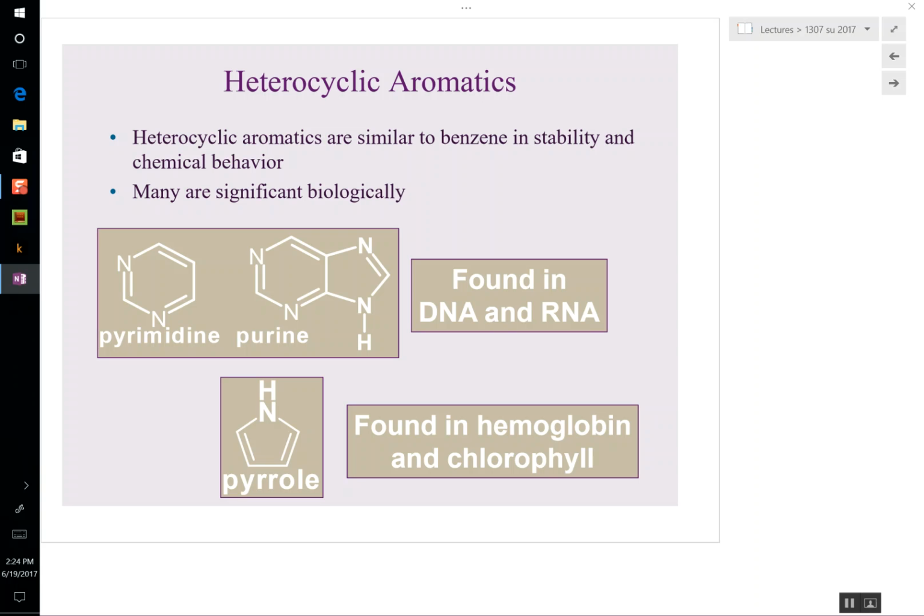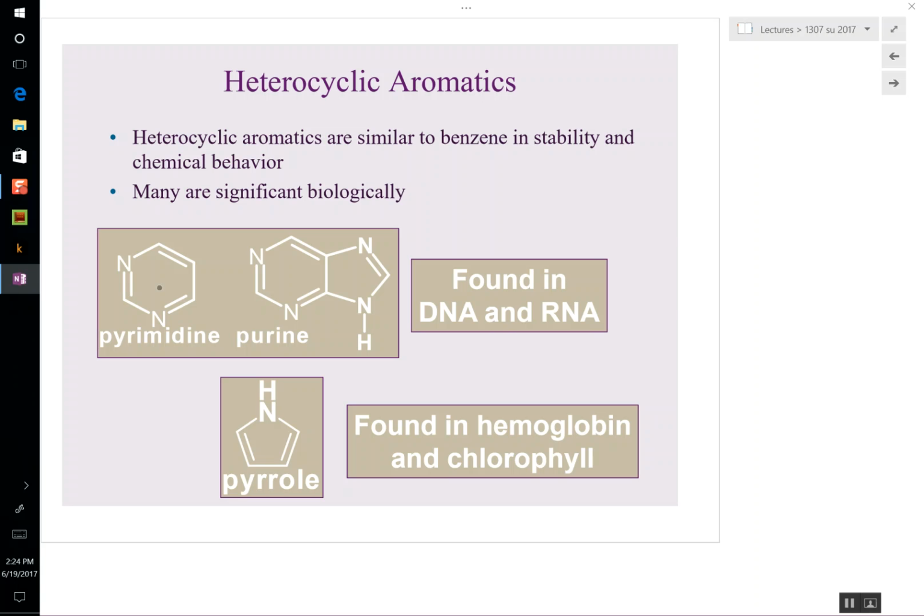But heterocyclic, and usually it is carbon and nitrogen, particularly in really chemistry of interest. Sometimes there'll be an oxygen in there, but something other than a carbon means heterocyclic. It's a mixture of elements in the ring.